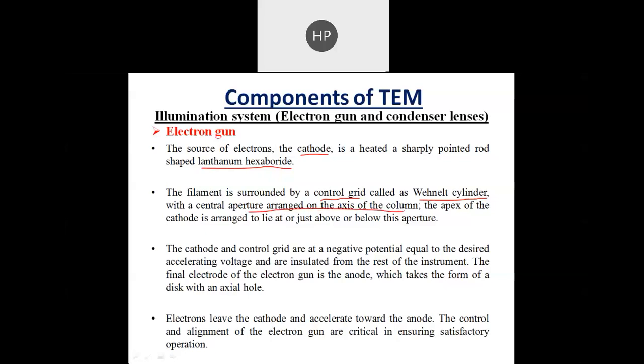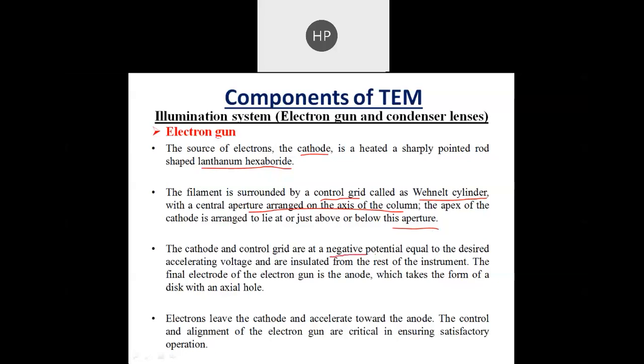The apex of the cathode is arranged to lie at, or just above or below, this aperture. So according to that aperture, the cathode is arranged in such a way that it will just lie above or below this aperture.